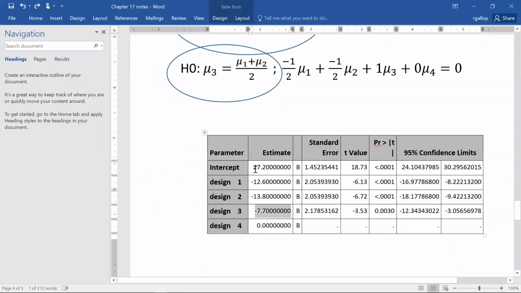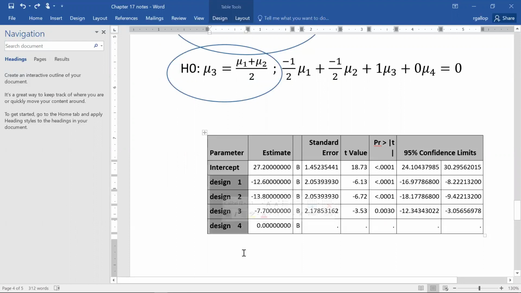So for design 3, it's 1 times the intercept, plus 0 times the coefficient for design 1, plus 0 times the coefficient for design 2, plus 1 times the coefficient for design 3, plus 0 times the coefficient for design 4. So remember, for our categorical variable design, we have 4 levels.